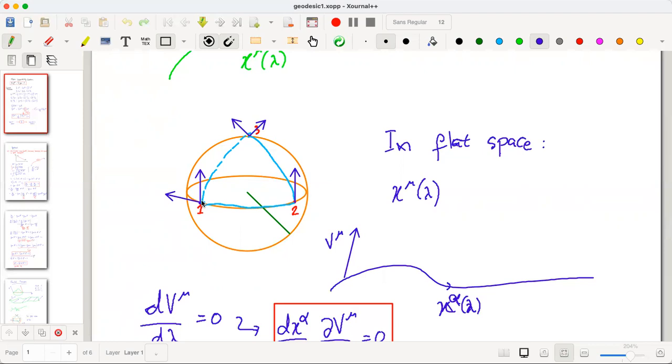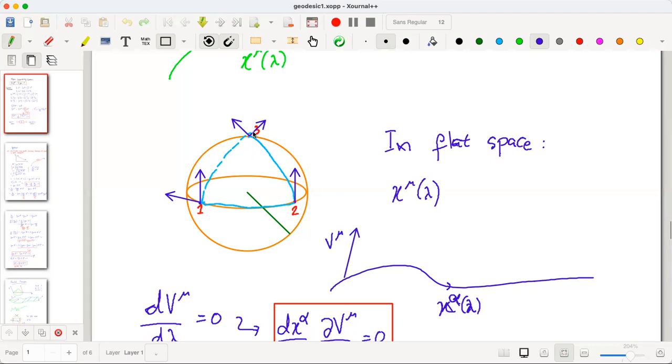Now I can pick any path. But if I go from 1 to 2, along the equator, then at 2 the vector stays like this. But then as I bring it from 2 to 3, you can imagine that the vector is still tangent at 3, but it goes like that.